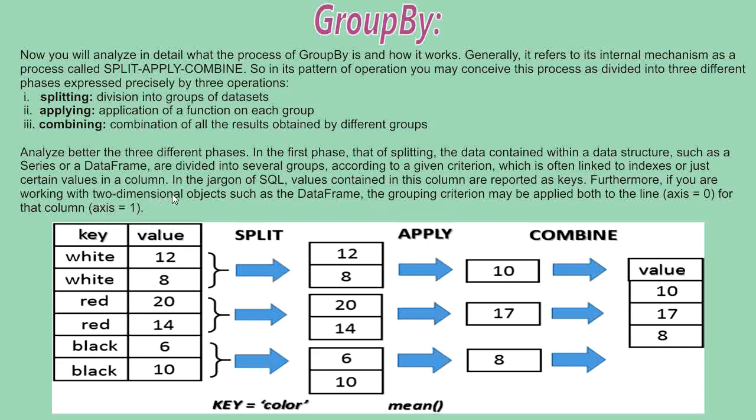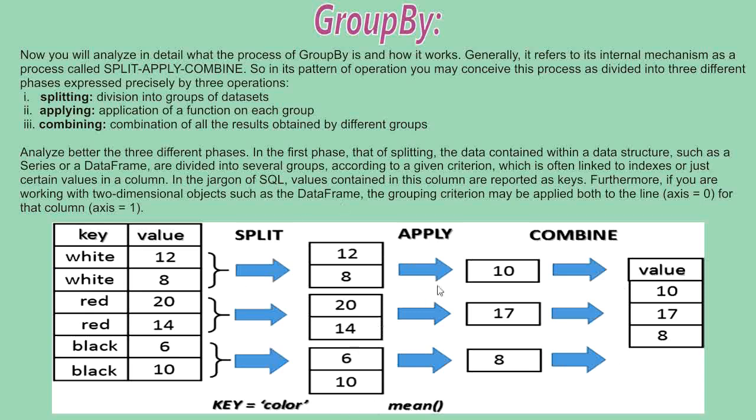In the jargon of SQL, values contained in this column are reported as keys. Furthermore, if you are working with 2-dimensional objects such as the data frame, the grouping criterion may be applied both to the rows, axis equals 0, or to the columns, axis equals 1. Now you can see here, after splitting, then apply, here using the mean function. And last was combine, as you can see.